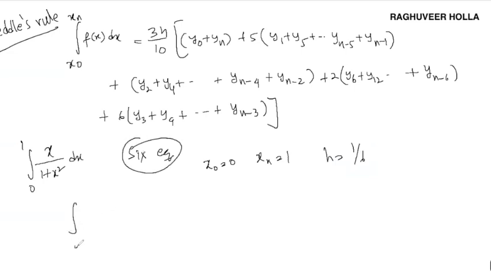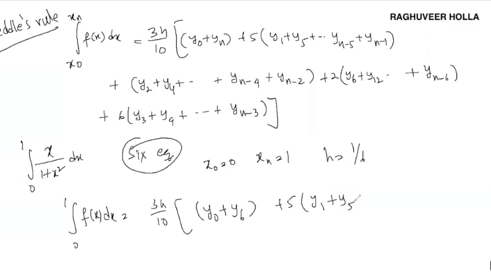So this is 0 to 1, f of x dx, which is 3h by 10, y0 plus y6, plus 5 times y1, y5, plus y2, y4, and 6 times y3.